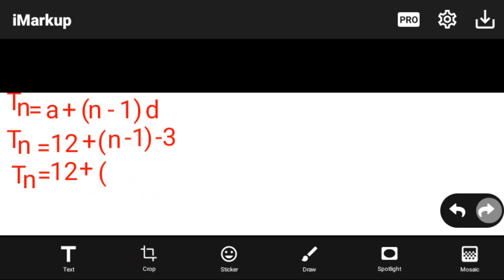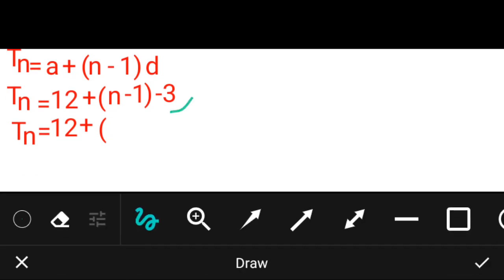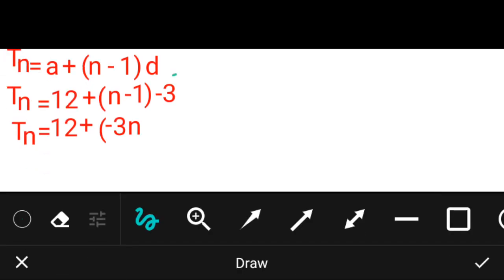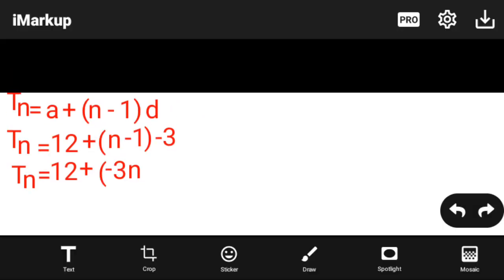So this negative 3 outside the bracket will multiply the n there. Then you are going to have negative 3n. Then this same negative 3 again will multiply the negative 1 inside the brackets there. So that will give us positive, because the negative and the negative will cross out or cancel.